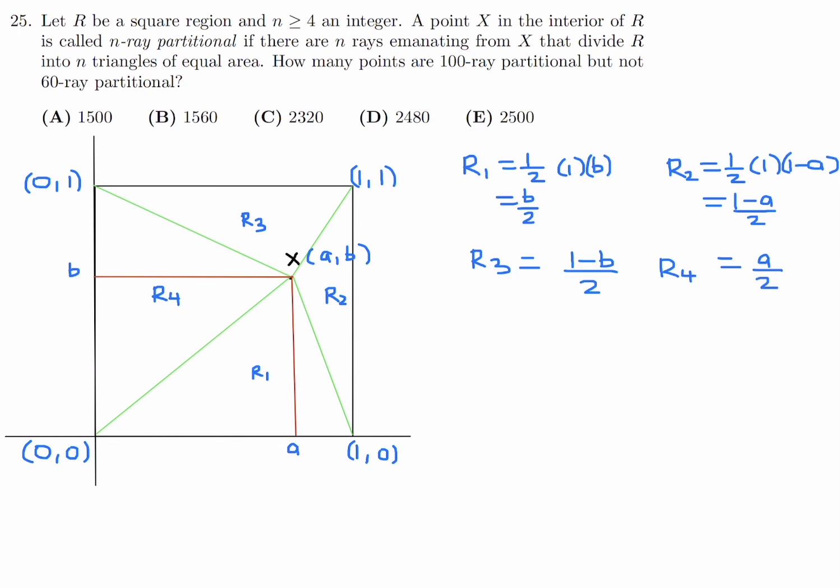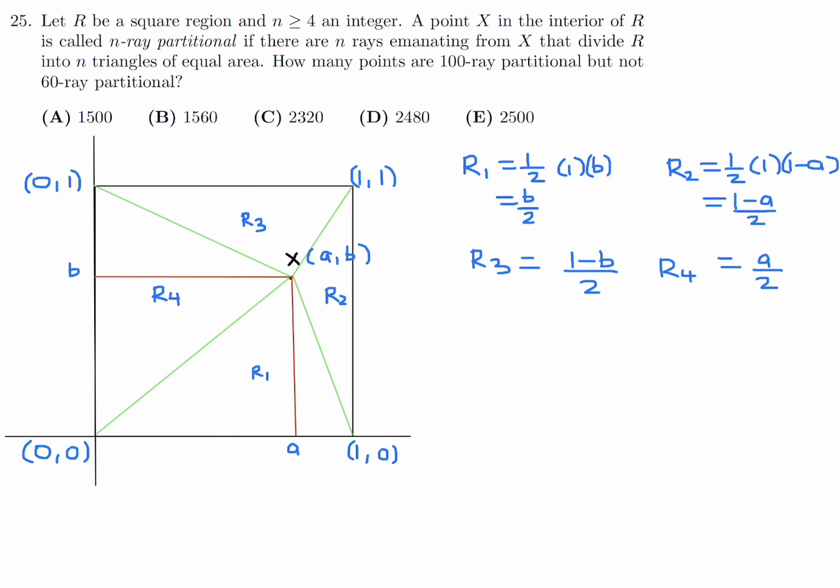All right. So we have to do a few things here. The first thing is, of course, to understand that R1, R2, R3, R4 are not equal. We have to divide them in a way so that every single divided segment is equal throughout the entire square. So let's now do those divisions.